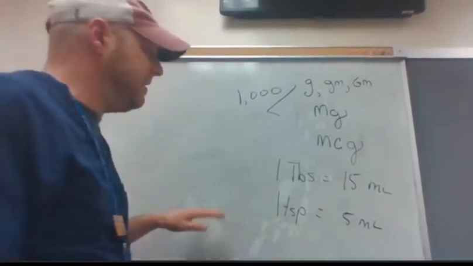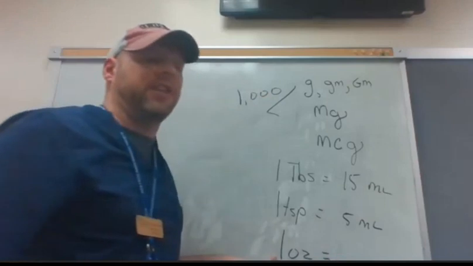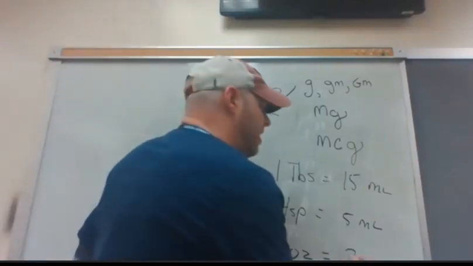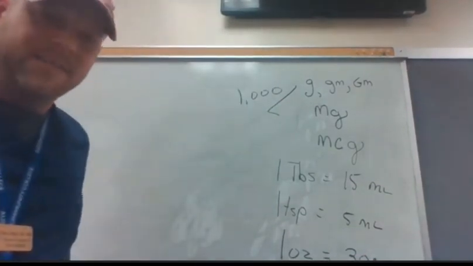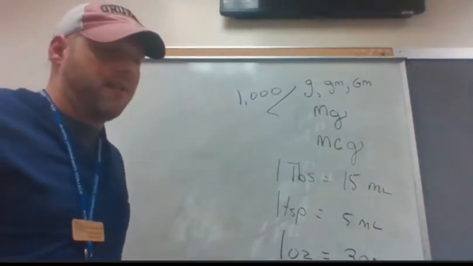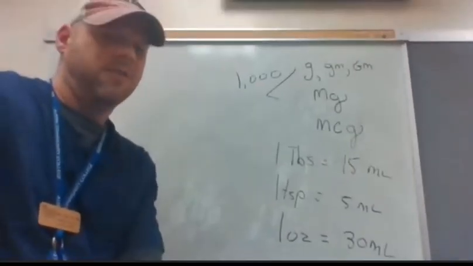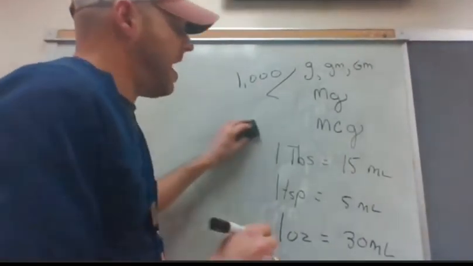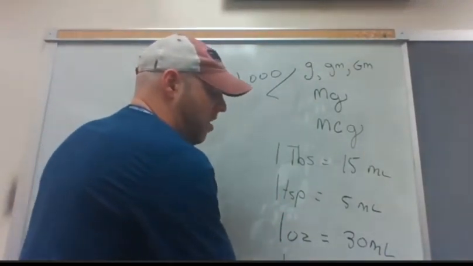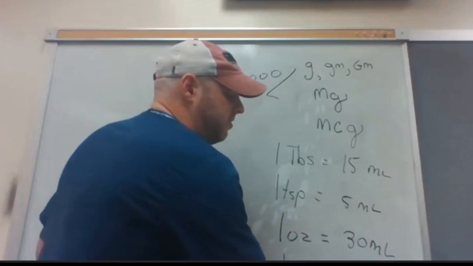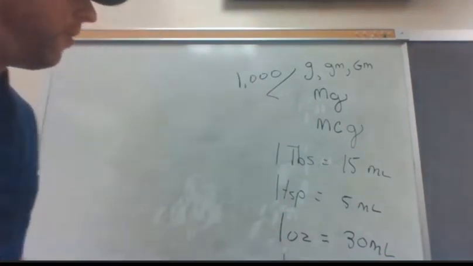The other one is ounces. We know 1 ounce in fluid form is equal to 30 milliliters, okay? And the final number I want you to know is kilograms for our weight problems. 1 kilogram is equal to 2.2 pounds, okay?